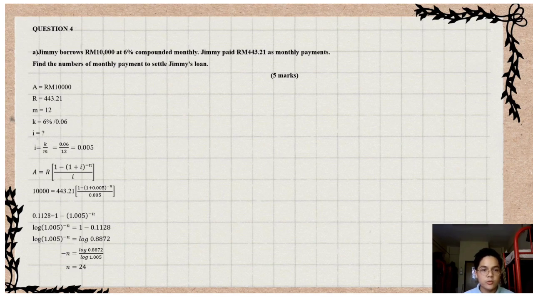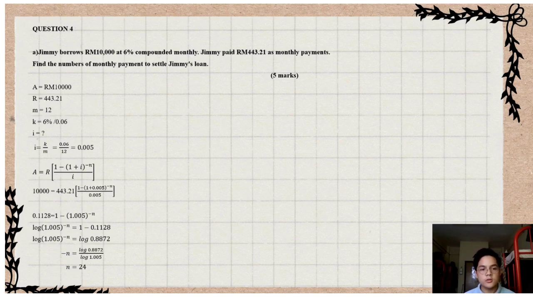Then you need to use the formula A equals R in bracket 1 minus (1 plus i) in bracket to the power of negative n, over i. So you just need to insert the data that you got just now. 10,000 ringgit equals 443 ringgit and 21 cents in bracket 1 minus (1 plus 0.005) to the power of negative n, over 0.005.